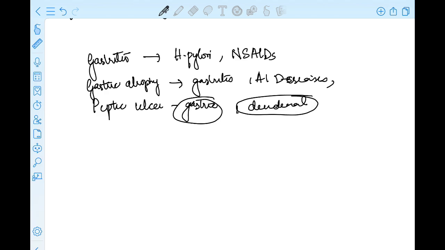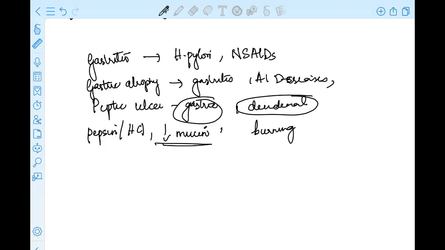It can be due to excess of pepsin, excess of HCl, reduced mucin, because mucin was highly protective. So when this mucin is reduced, it can also lead to acidity, then leading to peptic ulcer. The features include a burning epigastric pain, which is during meals in gastric ulcer, this is an important thing that I'm saying.